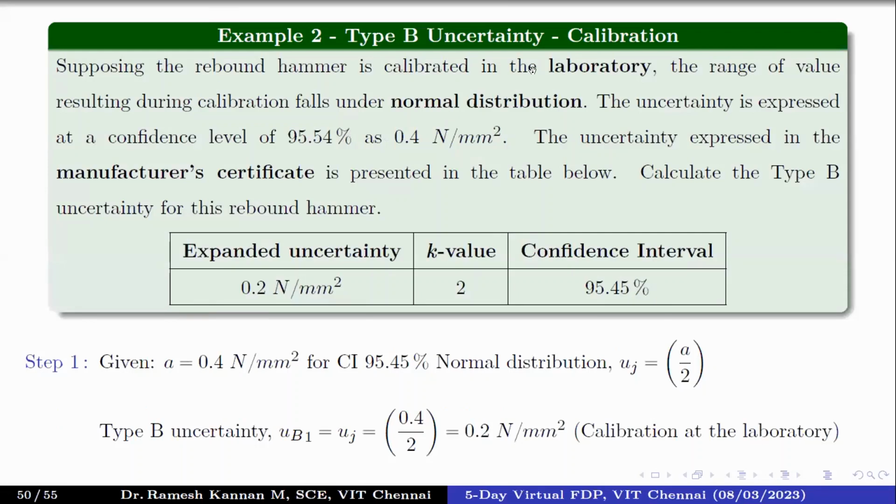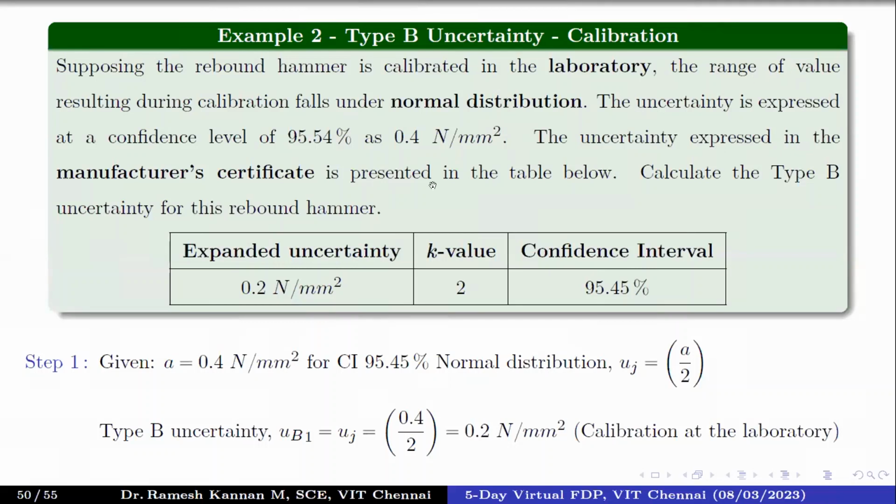We don't have a calibrated equipment. In terms of normal distribution function, and then at 95.45% confidence interval, we get something around 0.4 Newton per millimeter square, right? Something like that.